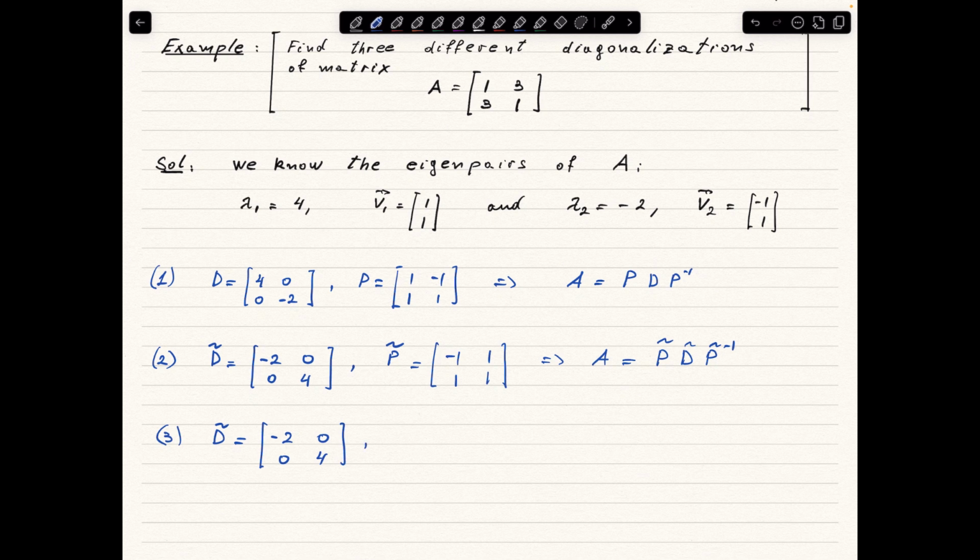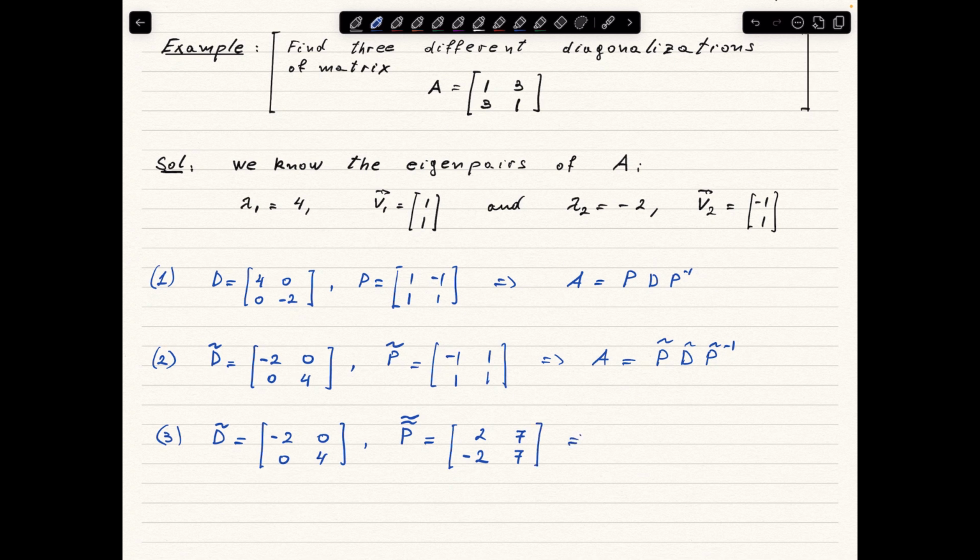But now, let's pick different eigenvectors. For example, in the first column, we put an eigenvector with eigenvalue negative 2, but of the form 2, negative 2. This is an eigenvector that is proportional to that, so it's perfectly fine. And then here, I don't know, 7, 7.